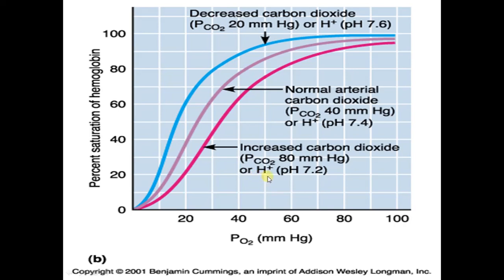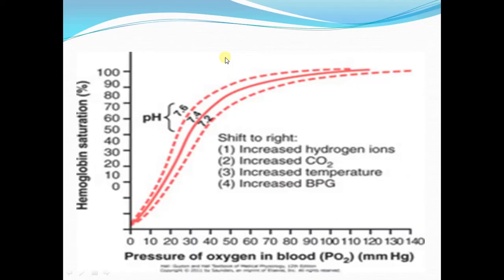It shifts the curve to the right side, and the influence of both of these is known as Bohr's effect. While a decrease in the concentration of carbon dioxide or a decrease in the concentration of hydrogen ions will shift the curve to the left side.